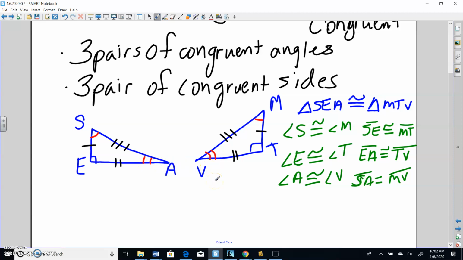Okay, and it's very easy. If we don't have all 3 pairs of angles congruent, or all 3 pairs of sides congruent, then the 2 triangles are not going to be congruent. I'm not going to go over a problem where you look at that and you see that this is 40 and this is 41. They can't be congruent. Okay, we're going to talk about when they're congruent, what values have to be true. So let's do that.